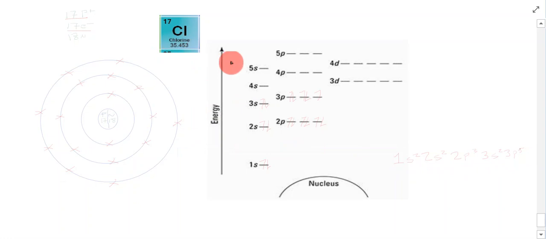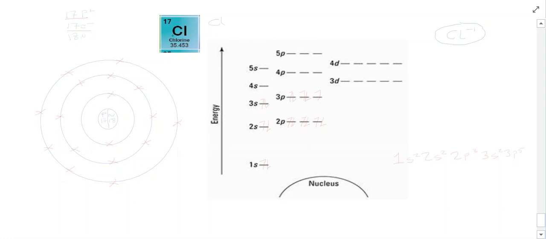Now, let's say we get something like this: a chlorine Cl minus. So this is a chlorine anion. This is neutral, just chlorine, and this is chlorine with an extra negative charge, a minus one charge.